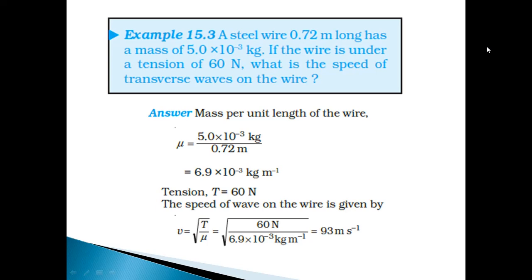The value of mu is mass by length, that is, 5 into 10 to the power minus 3 divided by 0.72. Tension is given directly as 60 Newton, and you can calculate V. It is found to be 93 meter per second.